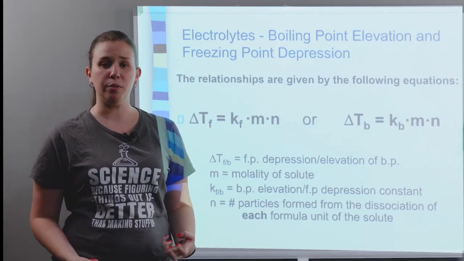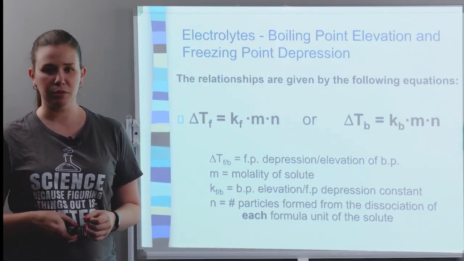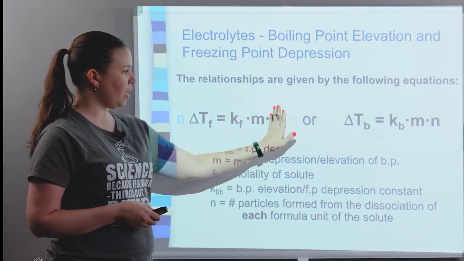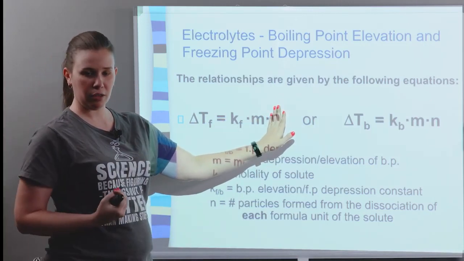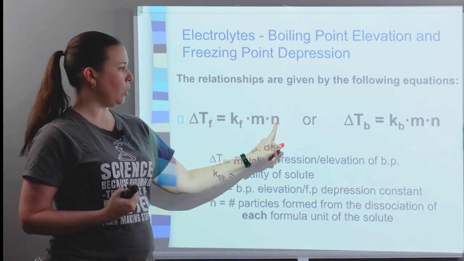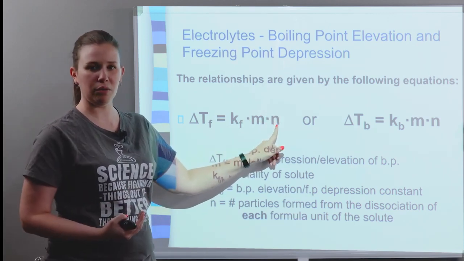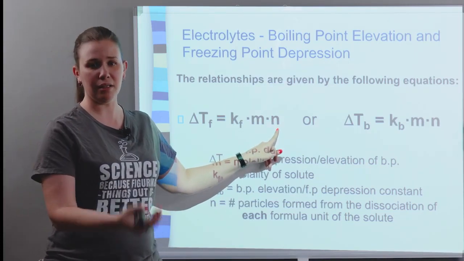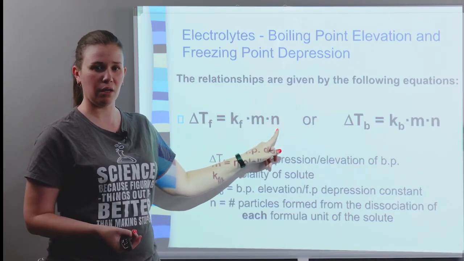This is essentially a multiplier, and it looks exactly like that in the formula. So delta Tf equals Kf times m, that was our formula for the molecular compounds, because it only had 1 particle. And what does multiplying by 1 really accomplish? Not a whole lot. So they don't even bother writing the n when they're working with molecular compounds.